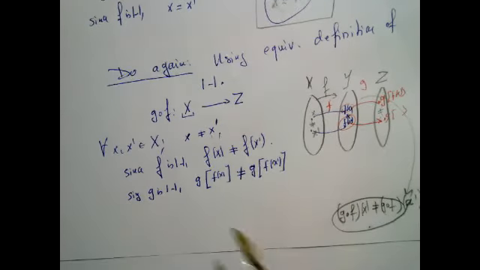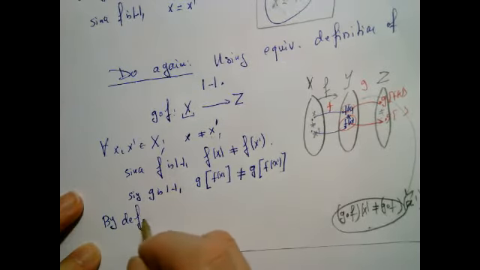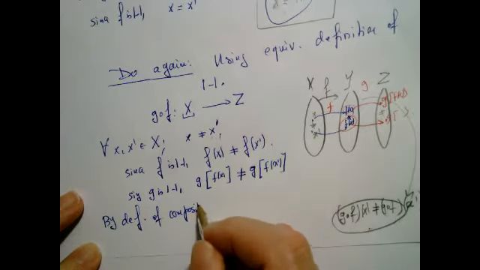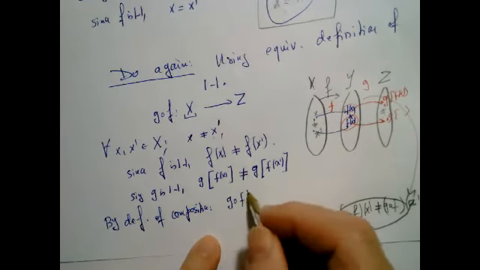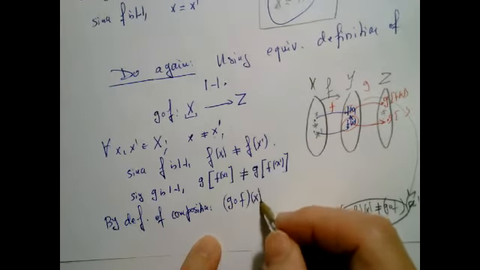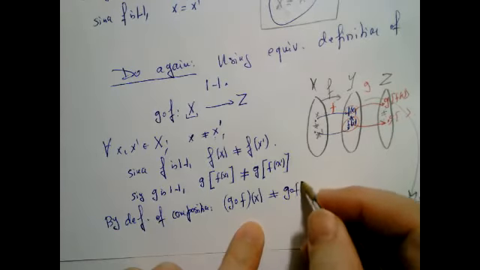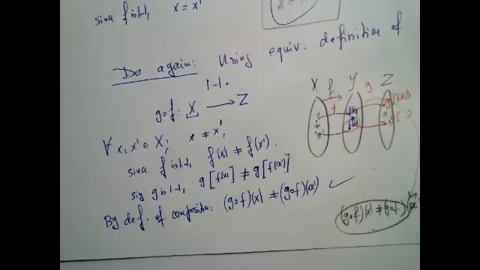But now, by definition of composition, that's what G composed with F is. That's really the definition of composition. It is different from G composed with F of X prime. Okay, end of the problem.